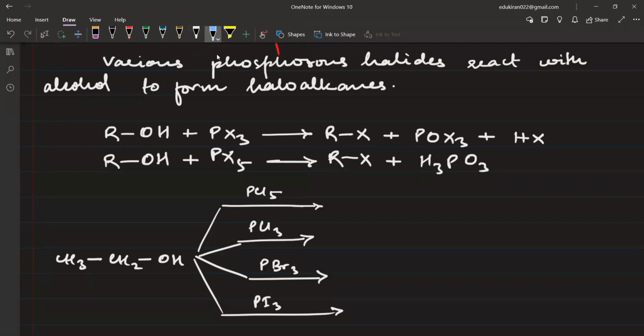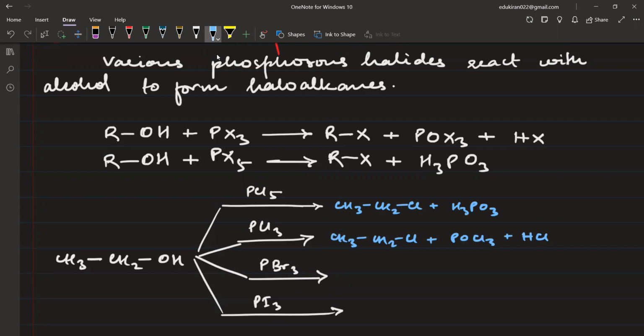So with PCl5, it is going to make CH3, CH2, Cl plus H3PO3. With PCl3, it is going to make CH3, CH2, Cl plus POCl3 plus HCl.